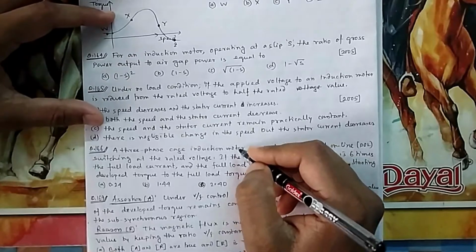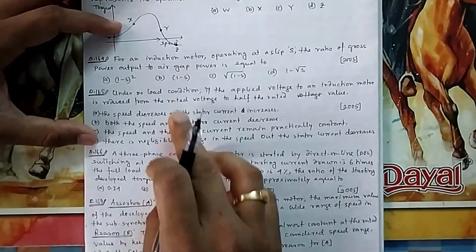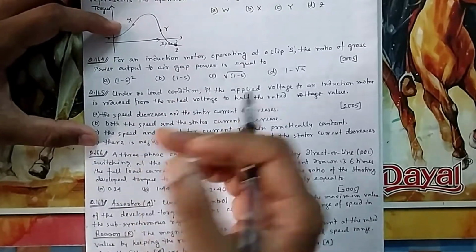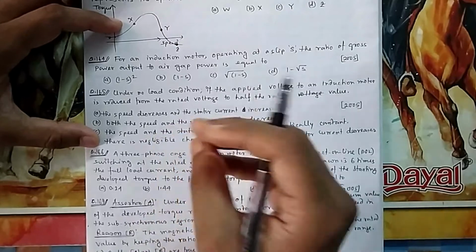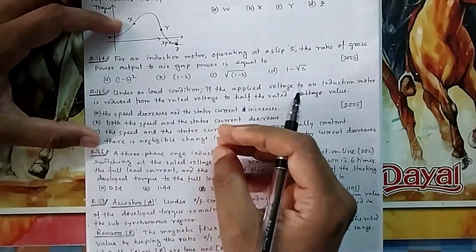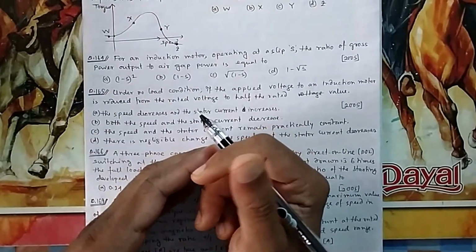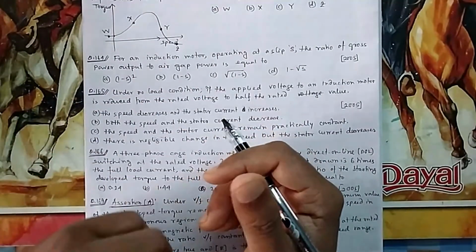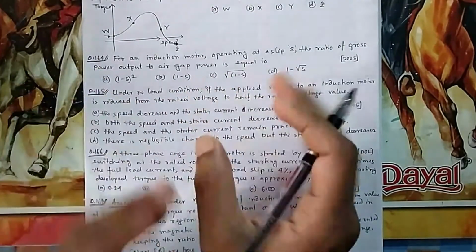Because it is at no load condition, speed is generally changed if you change the frequency, and it can also change with the voltage, but for that you have to give some load. If it is in loaded condition, then only if you change your V, there will be a change in I, because of load I will be there. So if you change I, then torque will change. So accordingly, if torque changes, then speed will automatically adjust to make that power.